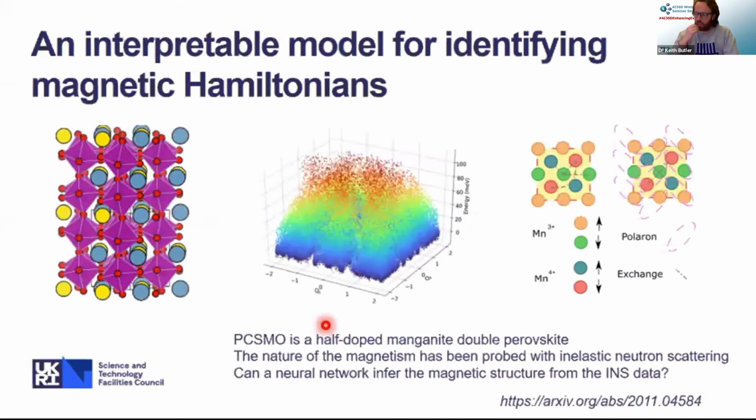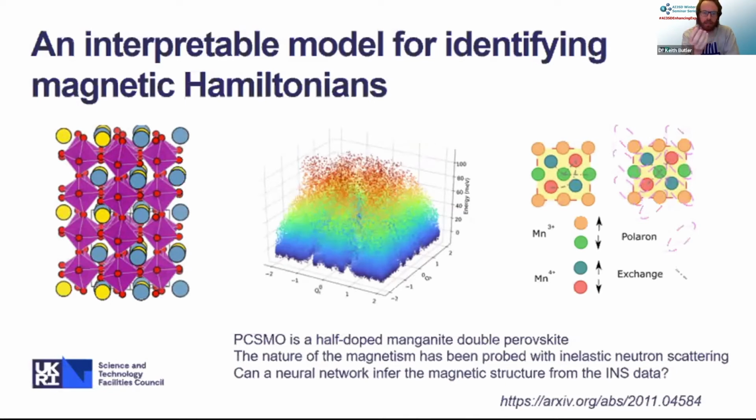The first example I'm going to show you is where we're learning an interpretable model for identifying magnetic Hamiltonians of materials based on inelastic neutron scattering data. The material we take here is PCSMO, which is half-doped double perovskite.